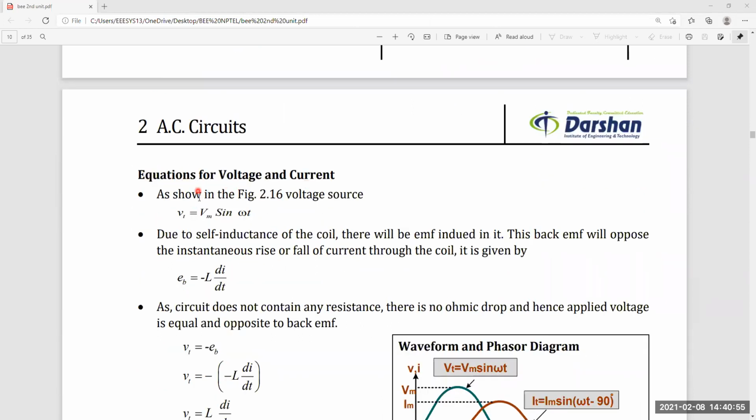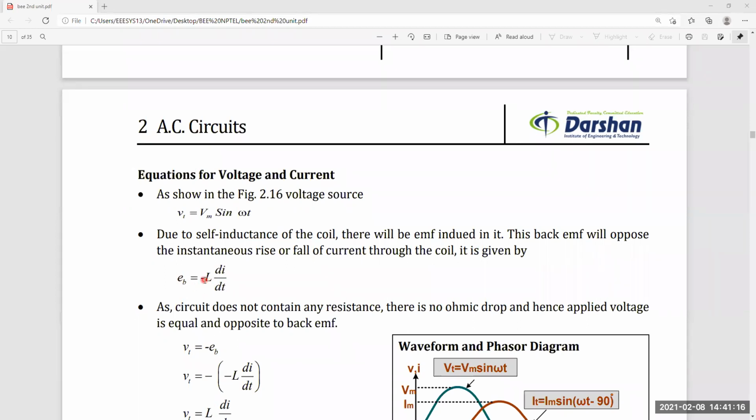So the equation is v(t) equals Vm sin omega t, you know well. Due to the self-inductance of the coil, an EMF is induced in it, and the back EMF opposes the instantaneous rise or fall in current through the coil. According to Faraday's law and Lenz's law, E equals minus L di by dt.